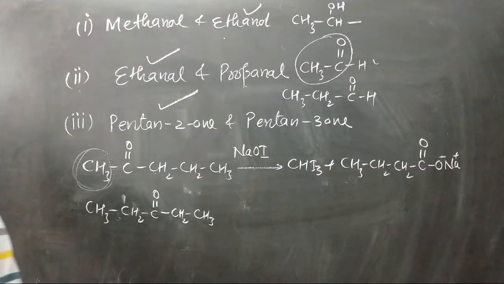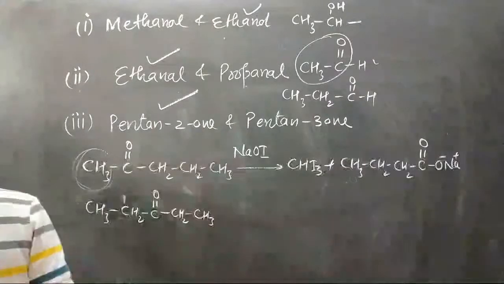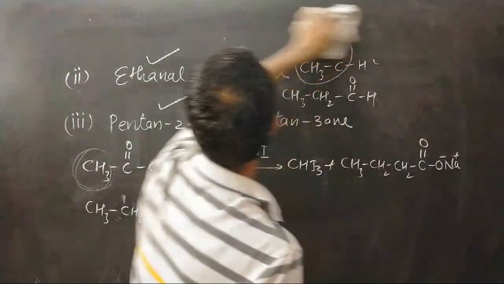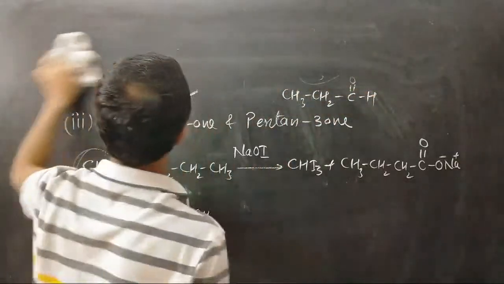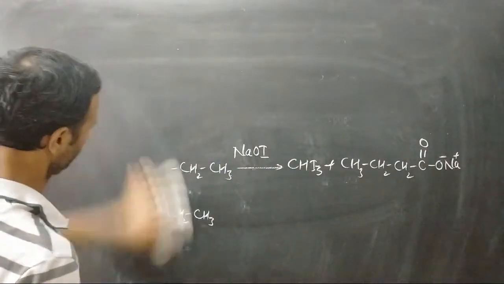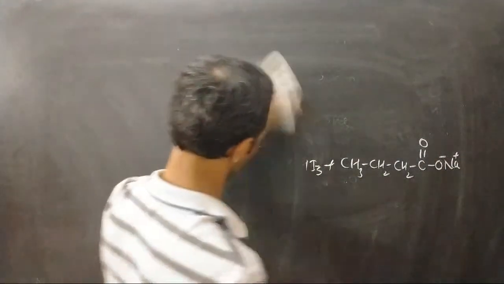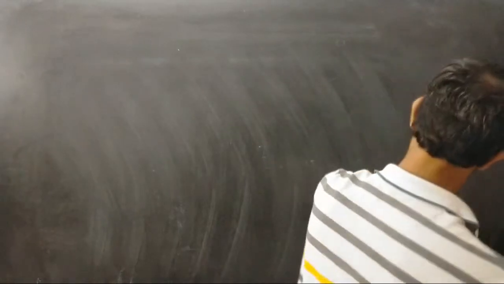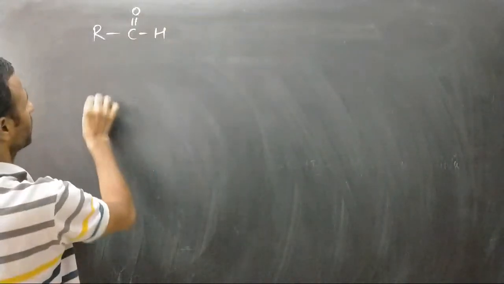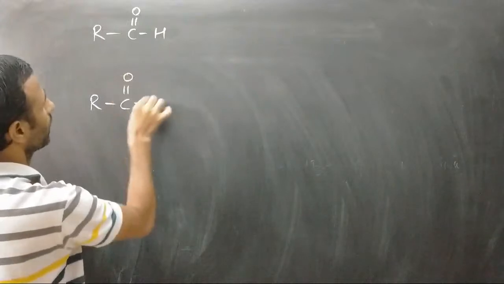So this is the oxidation part. Now next is reduction to alcohol. Aldehydes as well as ketones, both can be reduced.